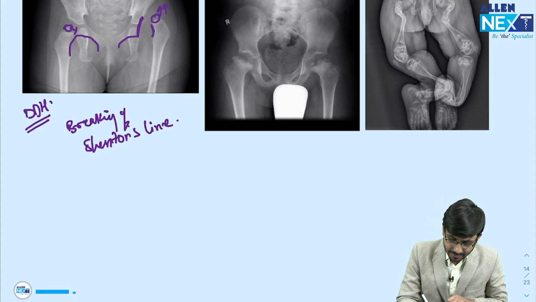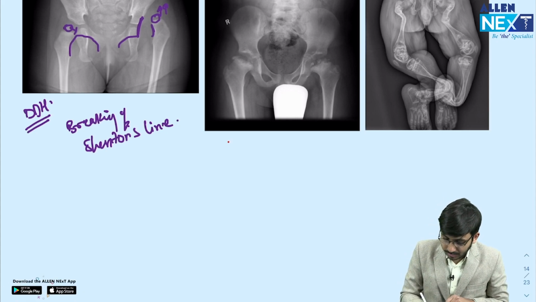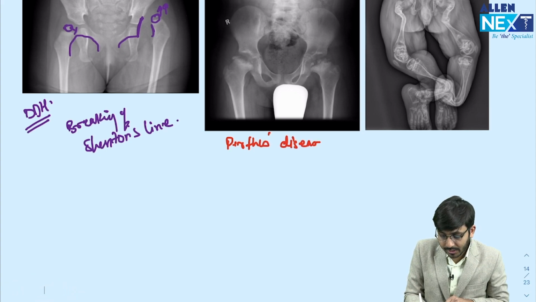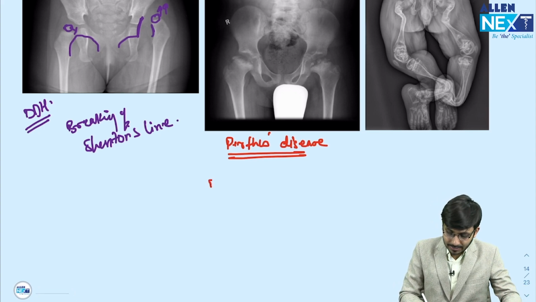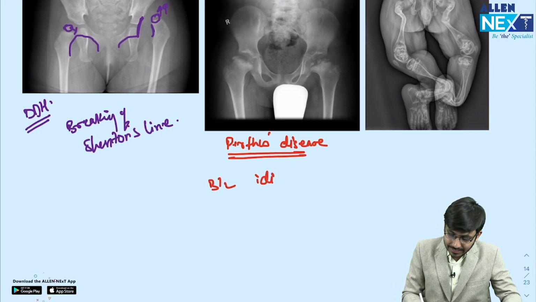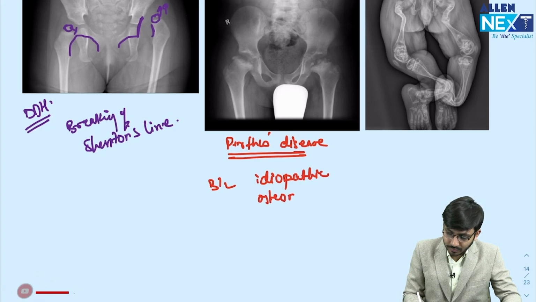Now the second image is that of Perthes disease, and Perthes disease is a very important question for an entrance exam. Now Perthes disease is typically unilateral, and it is an idiopathic osteonecrosis of the femur.